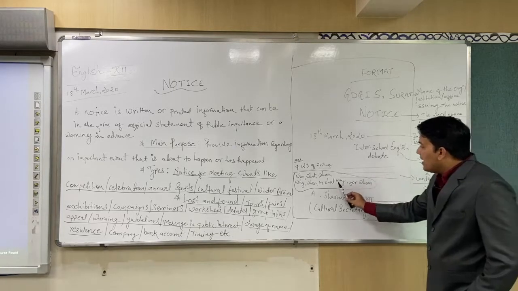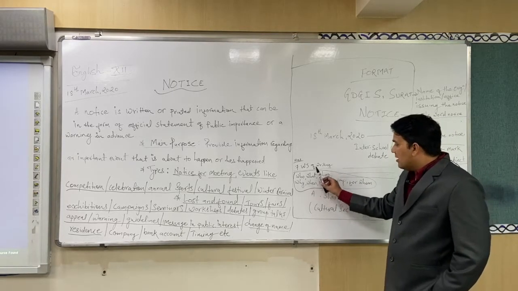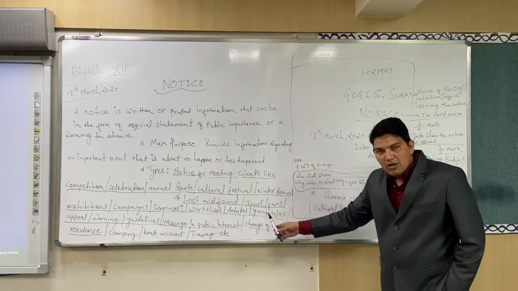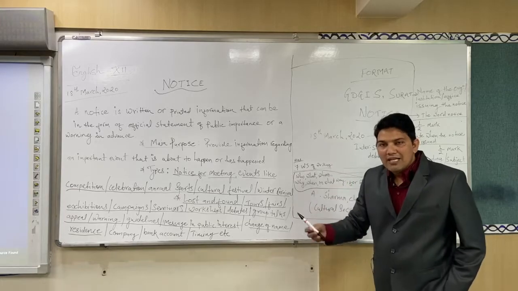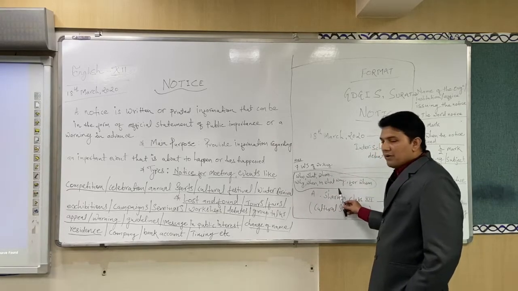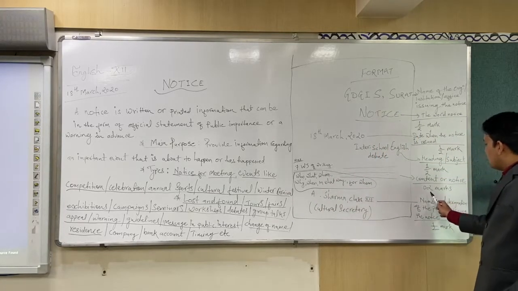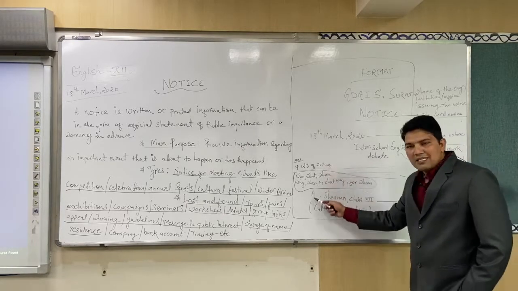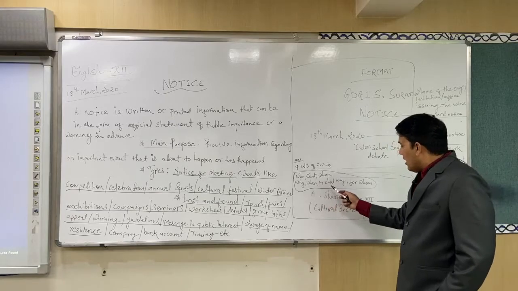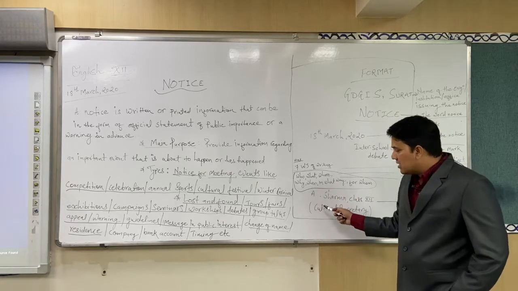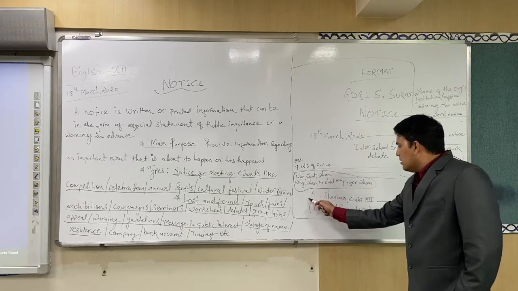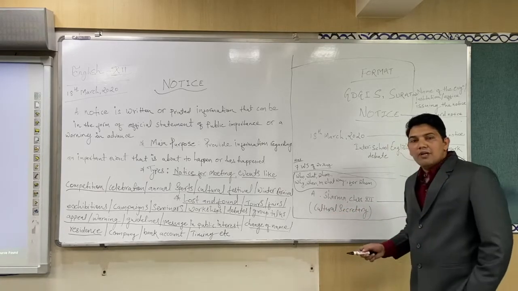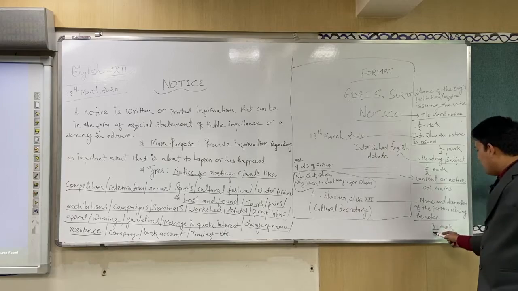Then the main notice, whatever content, whatever information you wanted to pass on, whatever message you wanted to convey, if you write it properly, you will obtain 2 marks. And finally, the person who has written this notice and his designation, if you write these 2 names, then you will again obtain half mark.